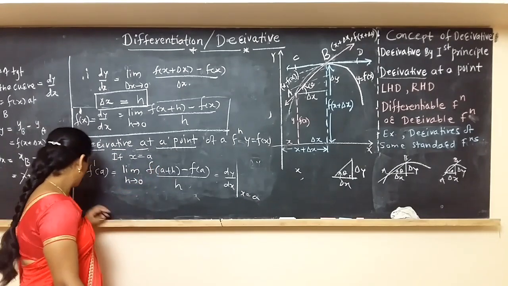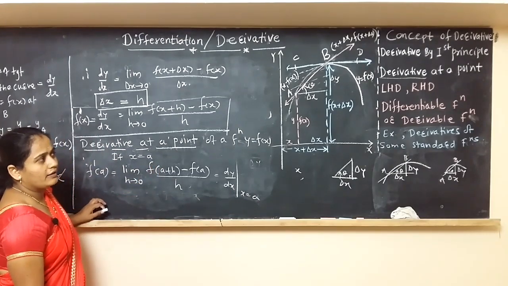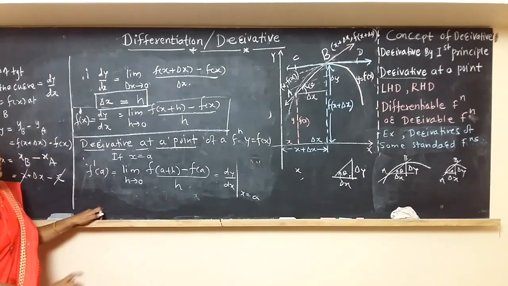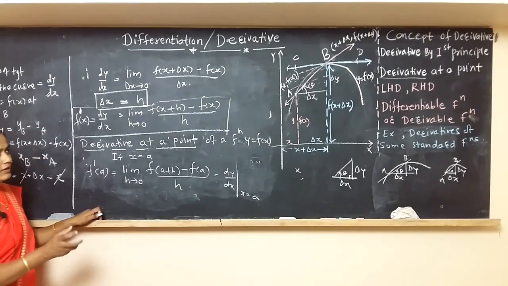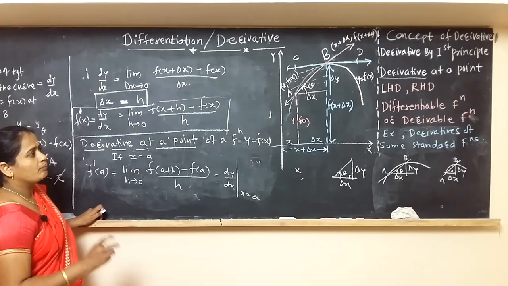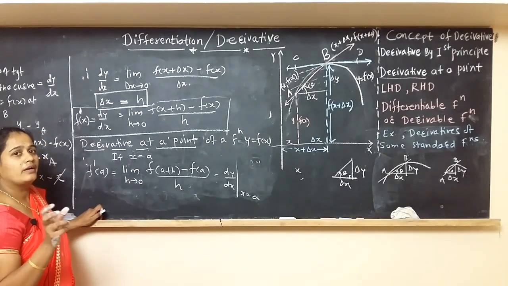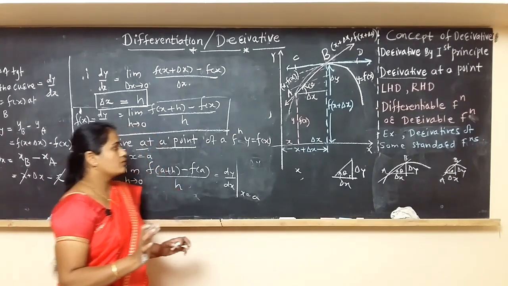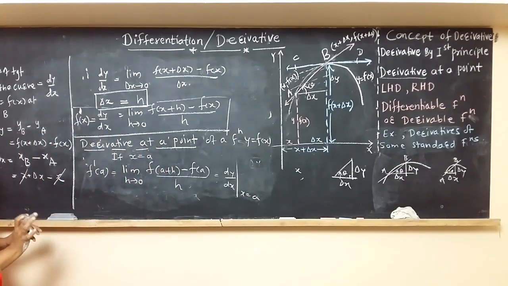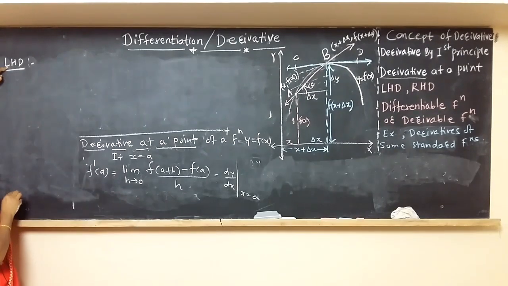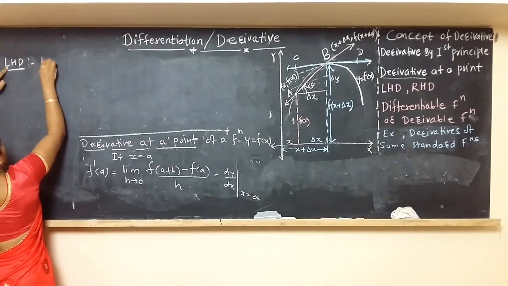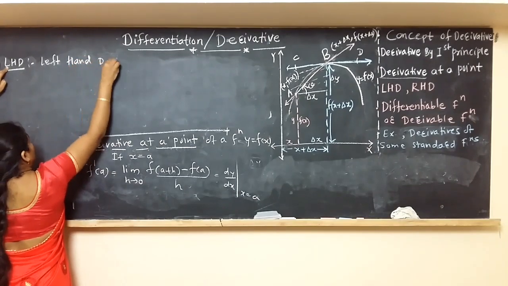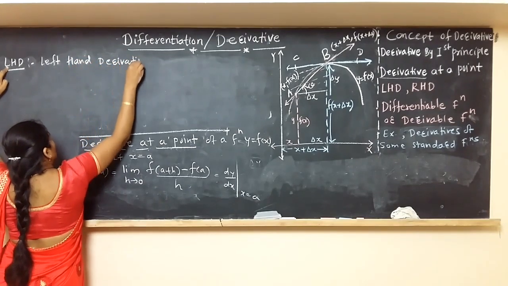We go towards the left hand and right hand derivatives of the function. So for that, or why the left hand and right hand derivative are important? To define derivable function or differentiable function. So the left hand derivative we write as a LHD, left hand derivative of a function.